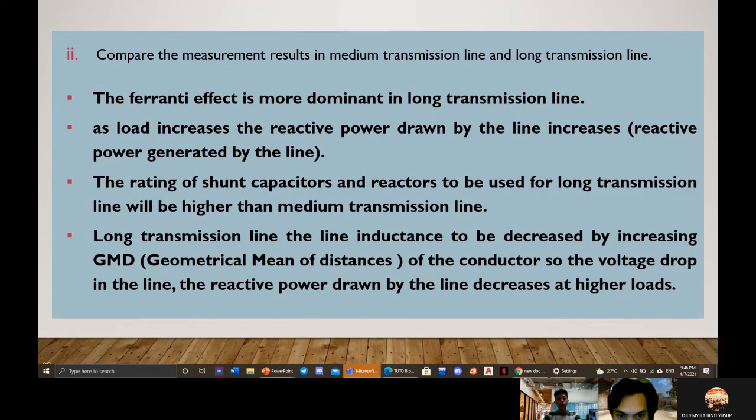In the long transmission line, the line inductance can be decreased by increasing the GMD, the geometrical mean distance of the conductor. So the voltage drop in the line and the reactive power drawn by the line decrease at higher loads.